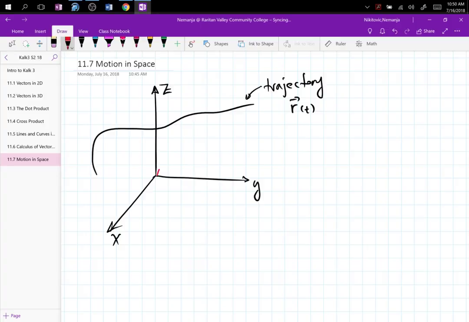find a position, any position, by computing vector r at some time t0. So vector r computed at some time t0 will give us the position of that vector.